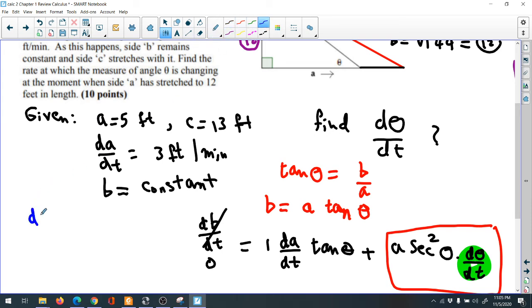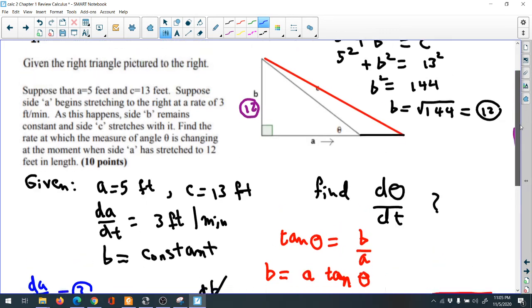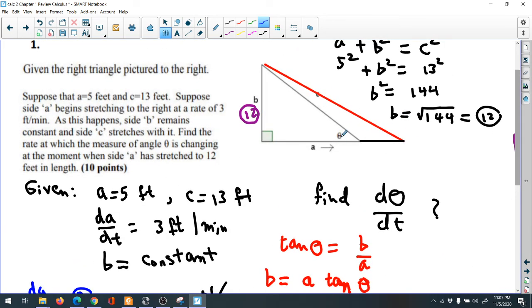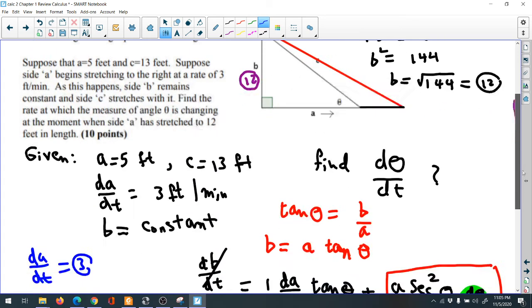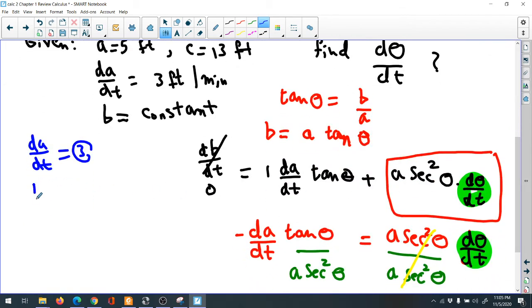So dA with respect to the time is already 3. What else? We need tangent. Tangent of theta, which is b over a, which is 12 over 5. So tangent theta equals 12 over 5.